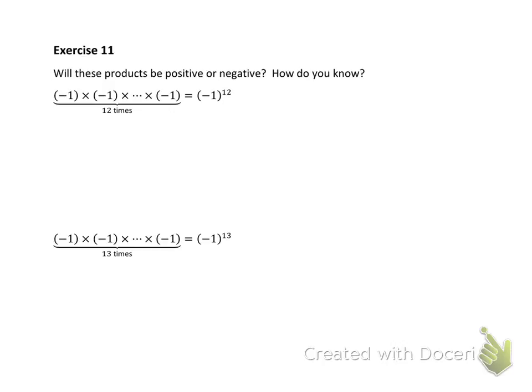Okay, now exercises 11, 12, 13, and 14 all have to do with using negative numbers as a base. And I want you to go ahead and work on these on your own and come up with what you think the answers are, and then we'll go on and correct them together.